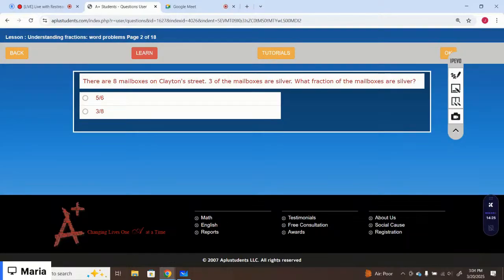That is 3 out of 8 mailboxes are silver, because the total is 8 and 3 of them are silver. So that means 3 out of 8. Option number 2 is the correct option.